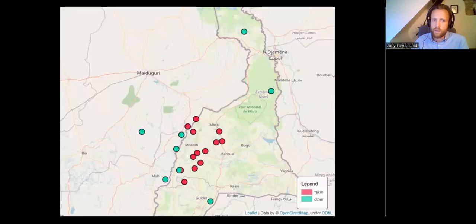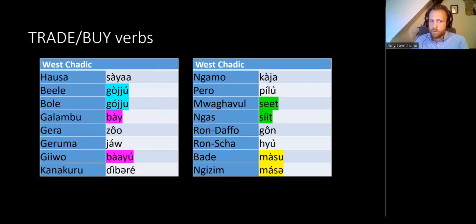However, this is a map of where those SKM roots appear, clearly in a geographical cluster, where other Biu-Mandara languages that are a little further away from that cluster don't have that root. If we look at the other families within Chadic, West Chadic languages, their words for either trade or buy are quite varied. There's a few clear pairs of cognates in there, but it would be very difficult to do any sort of general reconstruction of a word for trade or buy among all of these languages.